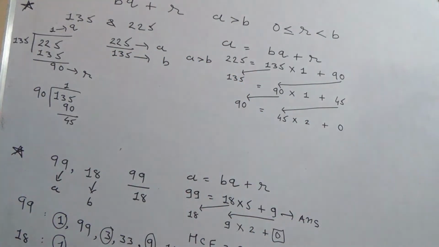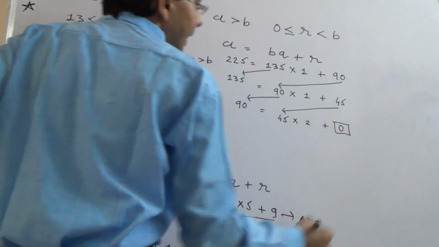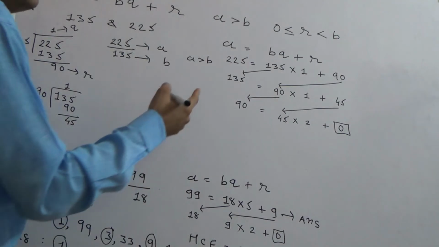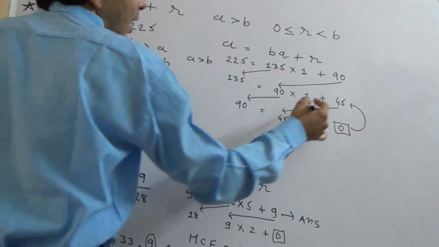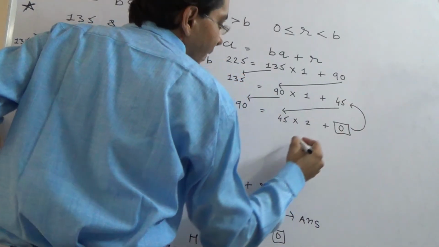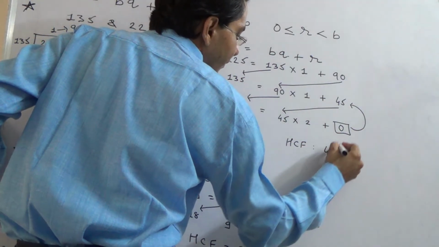Once we get a 0 in the remainder, the previous step's remainder, 45, is our HCF.